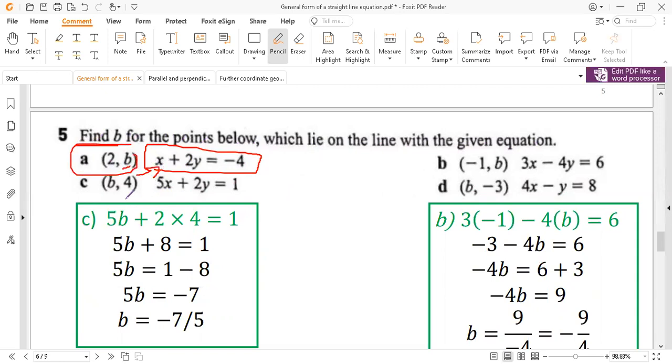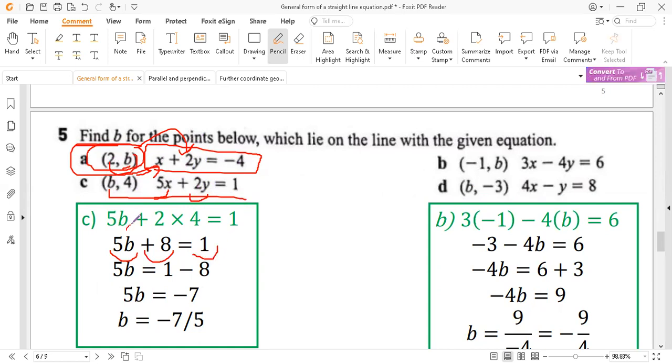So normally if this point lies on this line, its coordinates verify this line. So by substitution, we replace x by 2. So for example here, if we replace x by b, we'll obtain 5b. And when multiplying y by 4, we'll obtain 8 equal to 1.